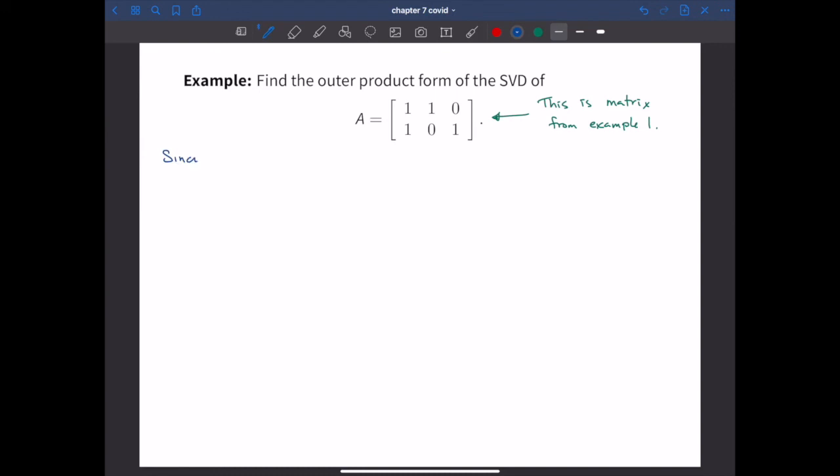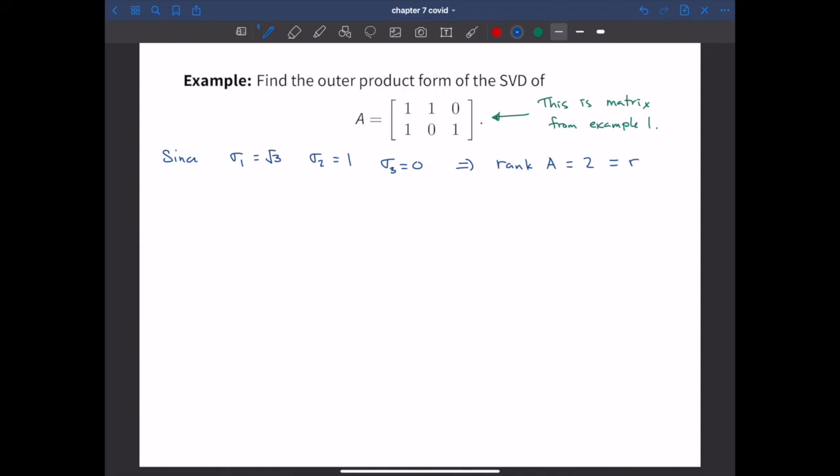So we know that sigma 1 is equal to root 3, sigma 2 is equal to 1, and sigma 3 is equal to 0. Since I have two singular values that are non-zero, this tells me that the rank of my matrix is equal to 2, and that's going to be the r value in the theorem.